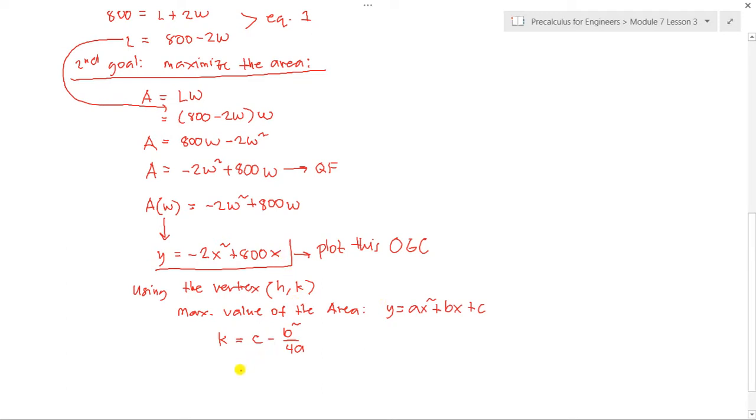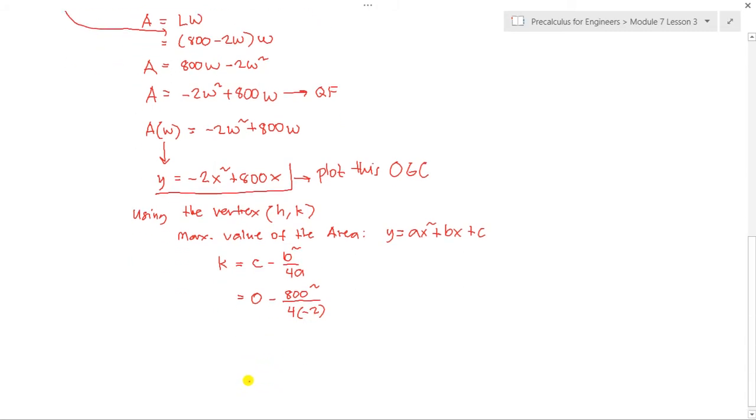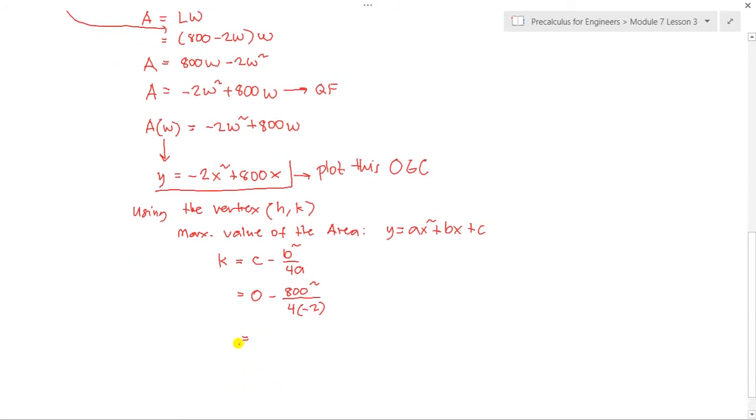So we can substitute directly. This is 0 minus 800 squared all over 4 times a, which is negative 2. Simplifying, that is 800 squared multiplied by 4 times 2, so the answer is 80,000. So the area is 80,000, so put 80,000 here.